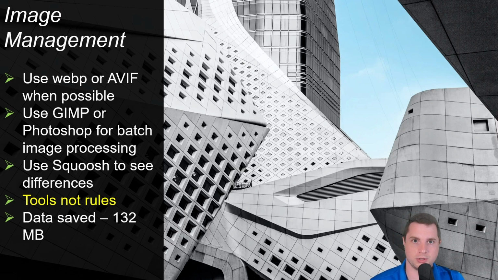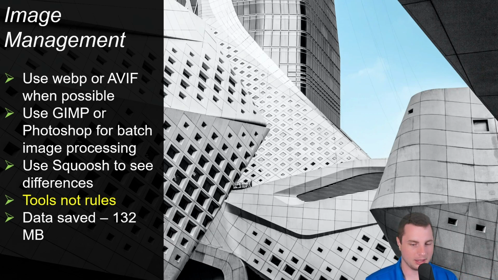Once you have those settings, say a quality of 23 and a resolution of 720p, you can throw that into GIMP or Photoshop for batch processing, and make all your images that setting.